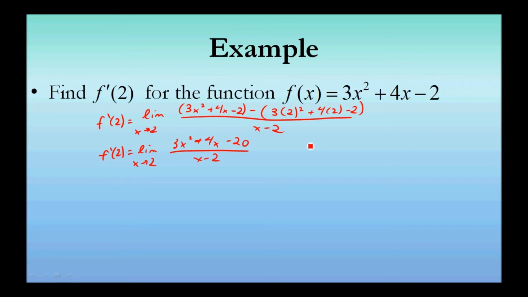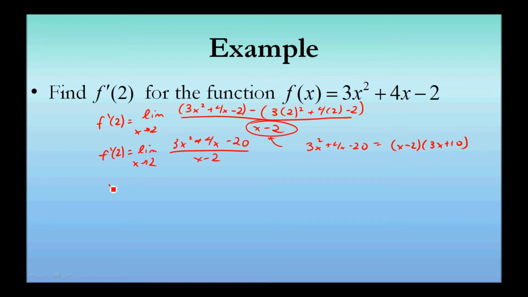Well, we can see that 3x squared plus 4x minus 20 is equal to x minus 2 times 3x plus 10. Oftentimes, when you have something like this in the denominator, the upper function in the numerator will be able to factor one of those kinds of factors out.